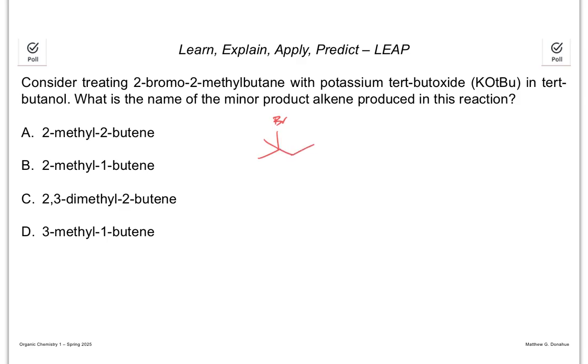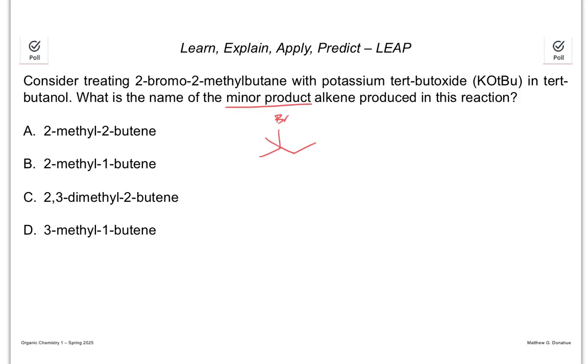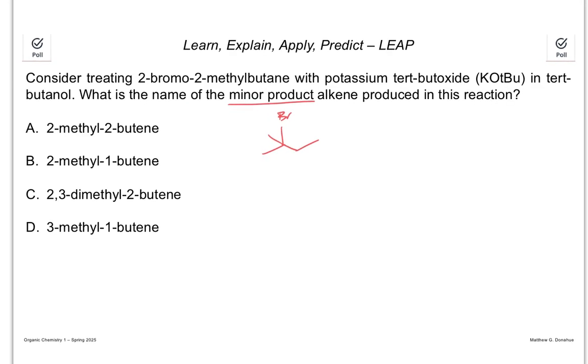So this question says, what is the name of the minor product? So the minor product is going to result from deprotonation of the other beta hydrogens.